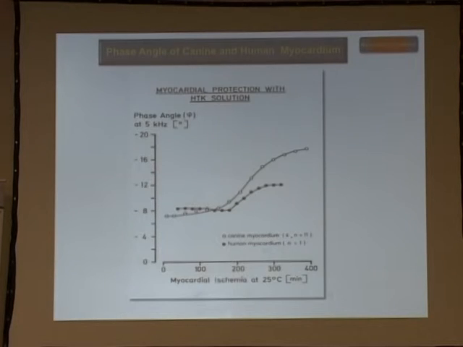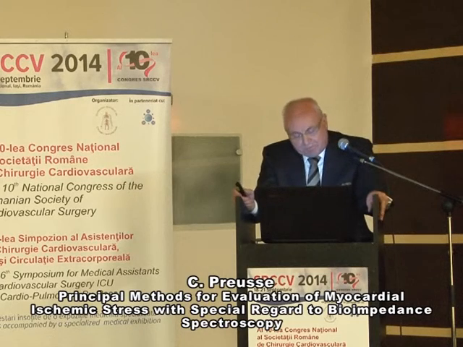Yes. We have only one case in which we took a specimen of a septum in a case of hypertrophic obstructive cardiomyopathy, and we put the probe on it, and you see it is in principle the same. We have an initial plateau phase, and it increases until it reaches an upper plateau.